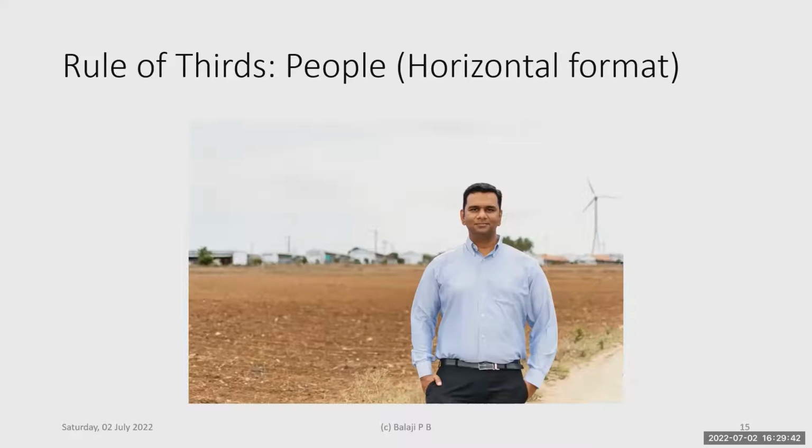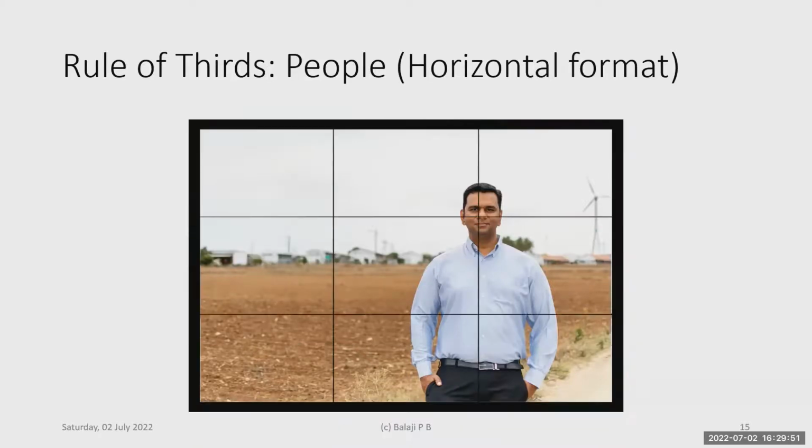If you divide the image into 9 equal squares with the help of 2 horizontal and 2 vertical lines, you can place the subject on one of those lines. In this case, I, being the subject, am placed on the second vertical line. If you place a subject on one of the lines, either horizontal or vertical, it will draw the viewer's attention.